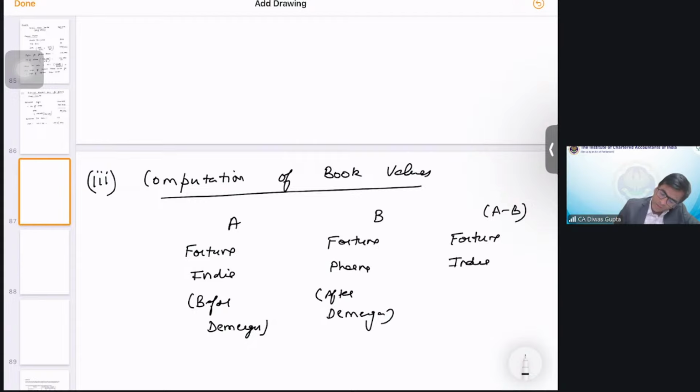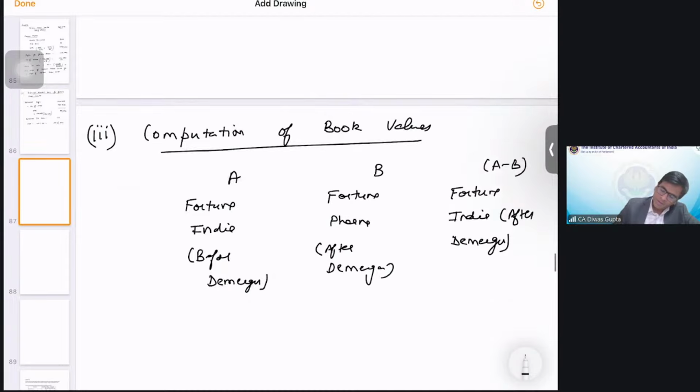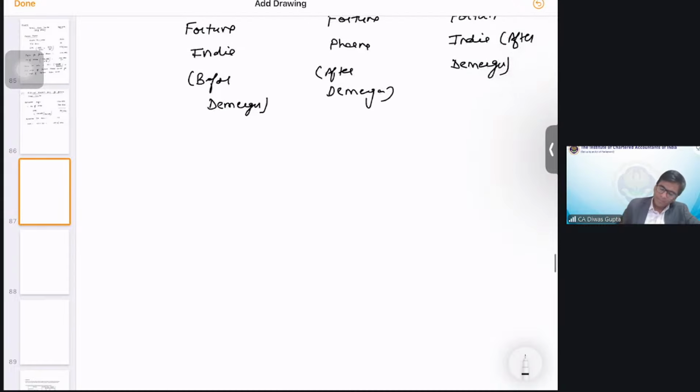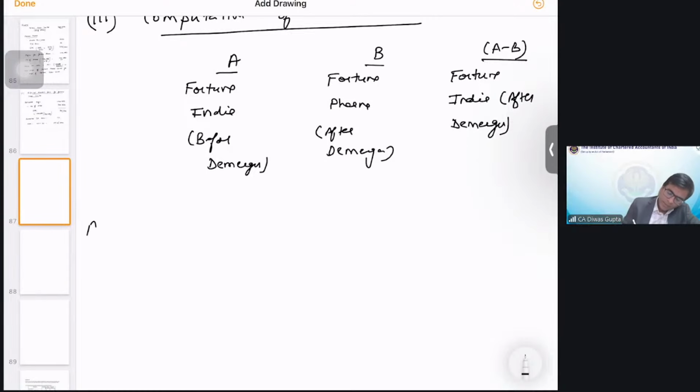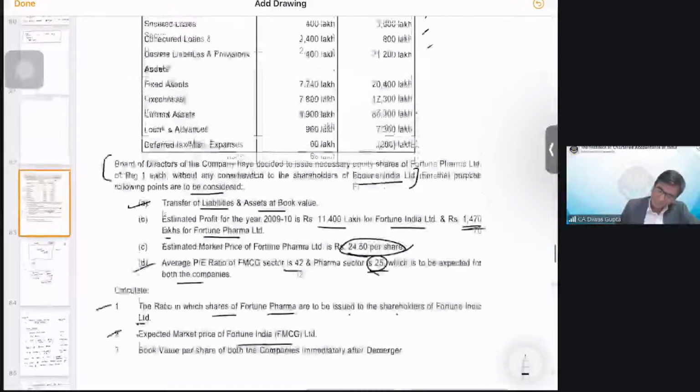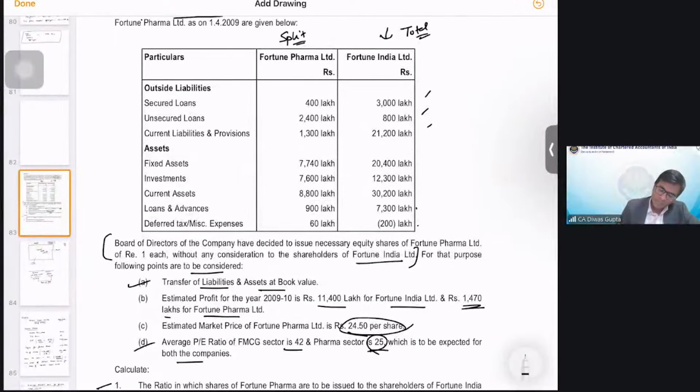Fortune India after demerger. A, B and A minus B. Okay. Their total assets from here till here.